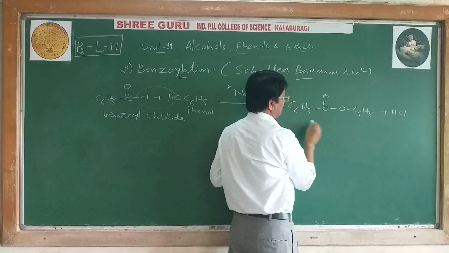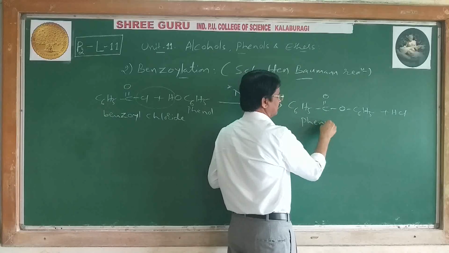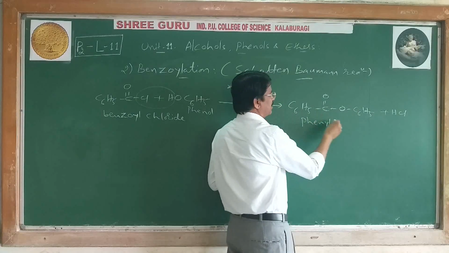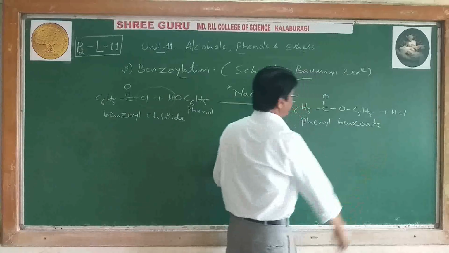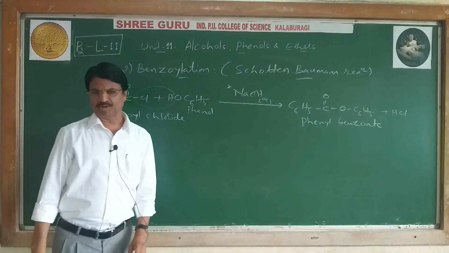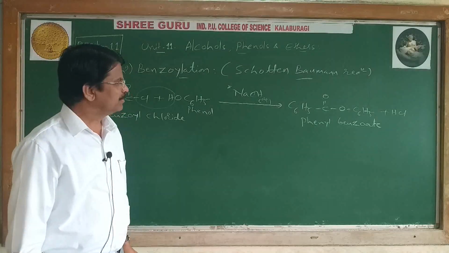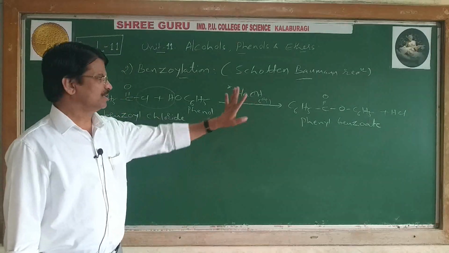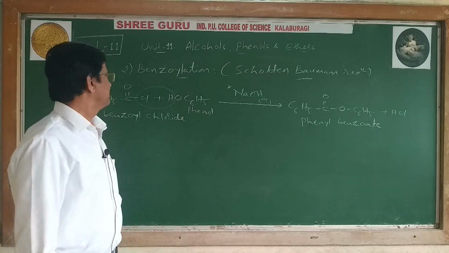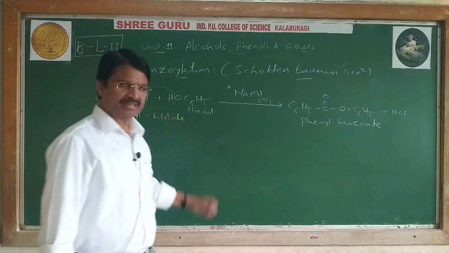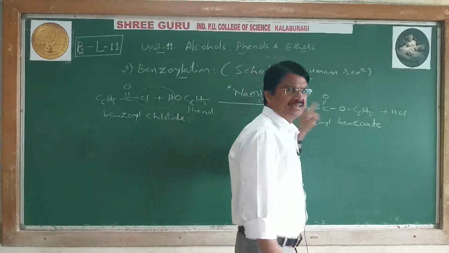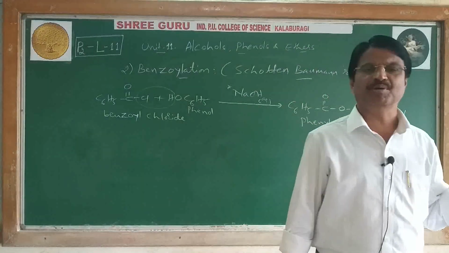The R group is named first, phenyl, and the remaining part is benzoate. The product formed is phenyl benzoate. The IUPAC name is phenyl benzoate. It is an ester obtained from phenol and benzoyl chloride in the presence of alkali, hence it is named the Schotten-Baumann reaction.